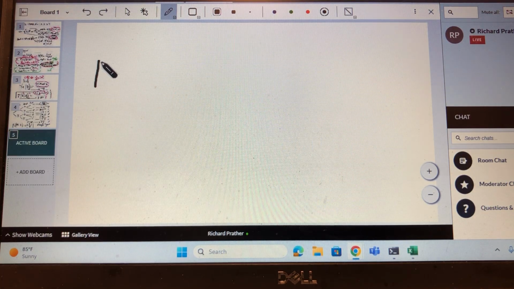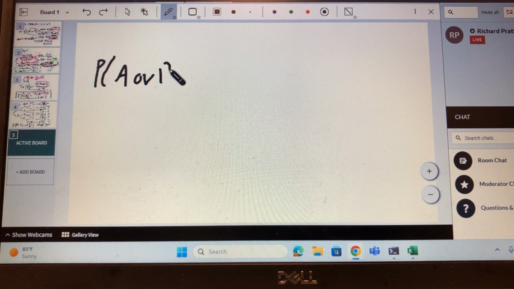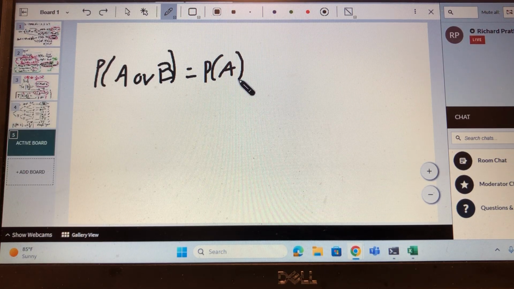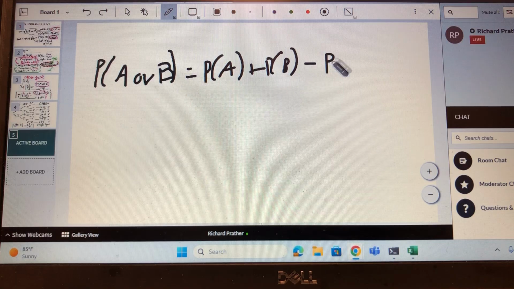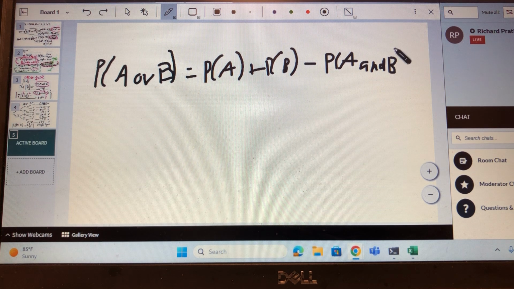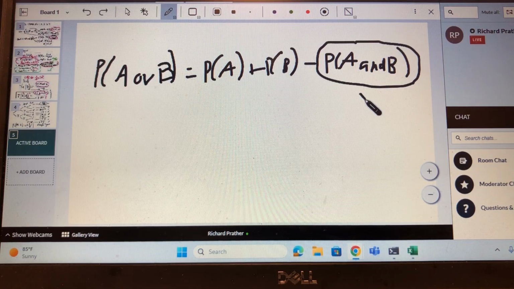The formula for A or B, if they're not mutually exclusive, involves A and B. A or B is A plus B minus A and B. This is another one where we're kind of working backwards like the first problem. We're trying to find A and B. That's what we don't know. Call that X if you want.